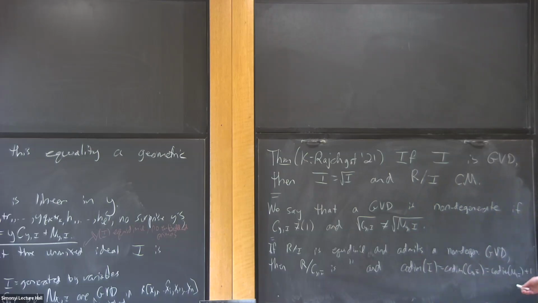So these are the heights that you would expect for these ideals in a vertex decomposition of a simplicial complex.